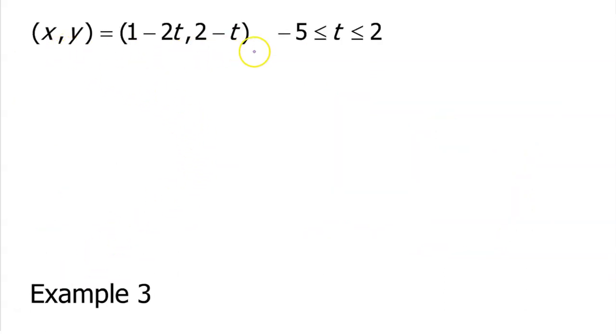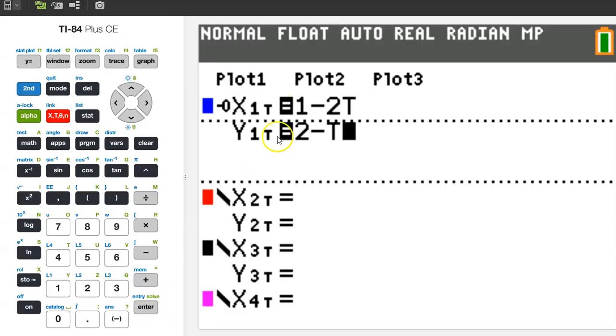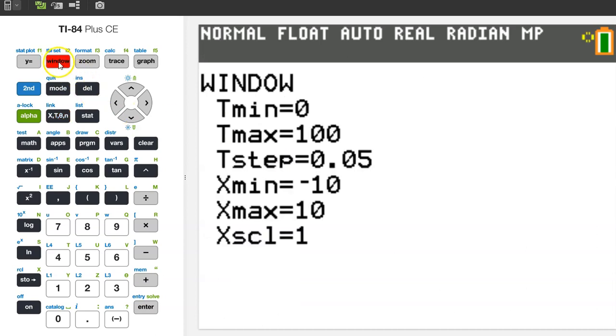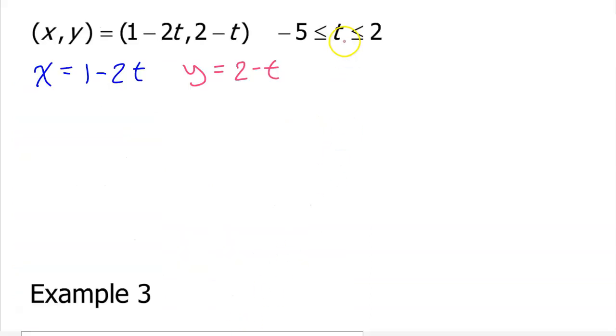Let's put example 3 into our calculator and take a look at it just for fun. A parametric equation in this form means that x equals 1 minus 2t and y equals 2 minus t. So I've typed that parametric equation into my calculator, and now I want to adjust the window for t. We are given the restriction on t from -5 to +2.